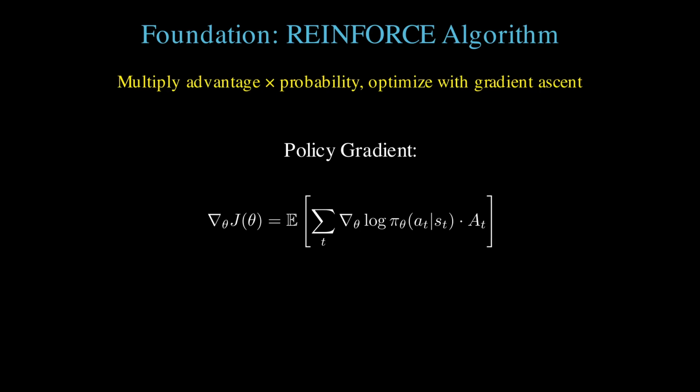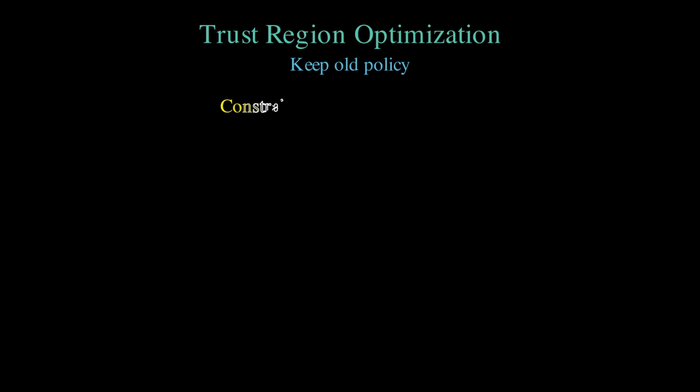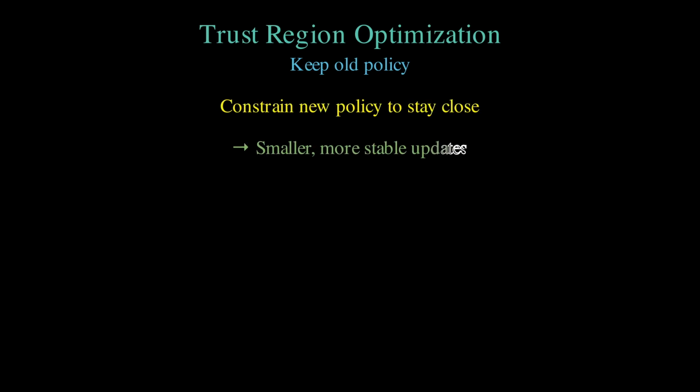However, there are some problems with this, and PPO builds on top of REINFORCE to solve them, which we will showcase now. One problem is unstable training. There is something called trust region optimization that tries to mitigate this by taking smaller optimization steps at a time.